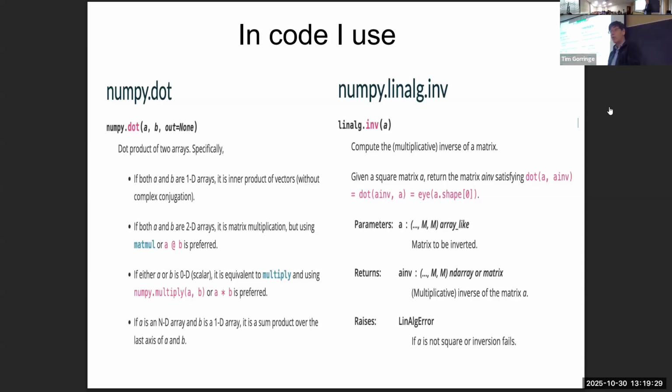So in the code, look out for inverse, look out for dot, look out for transpose, because those are the three things I have to do to calculate the best fit parameters. I'm going to need to take a transpose of a matrix, take the inverse of a matrix, and take the products of matrices and vectors. Yeah, let's go to the code.